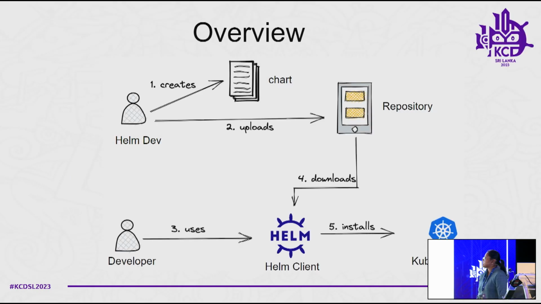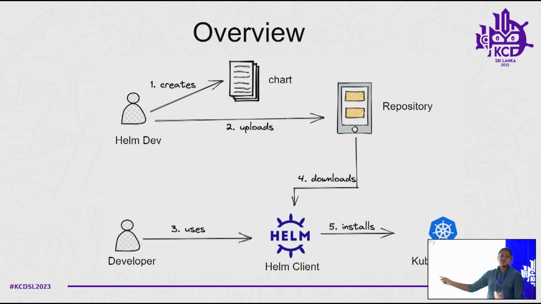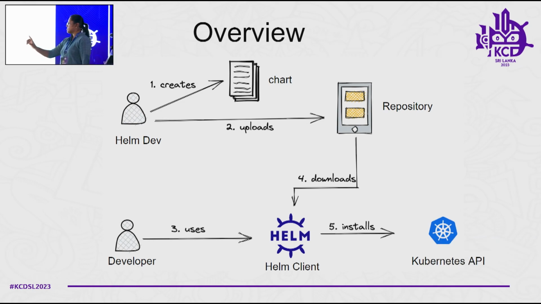So this is what I have talked about up to now. A Helm developer creates a Helm chart and uploads it to the repository. And we have the user. In most scenarios, the user is a developer too. That person has installed Helm on their machine or server.